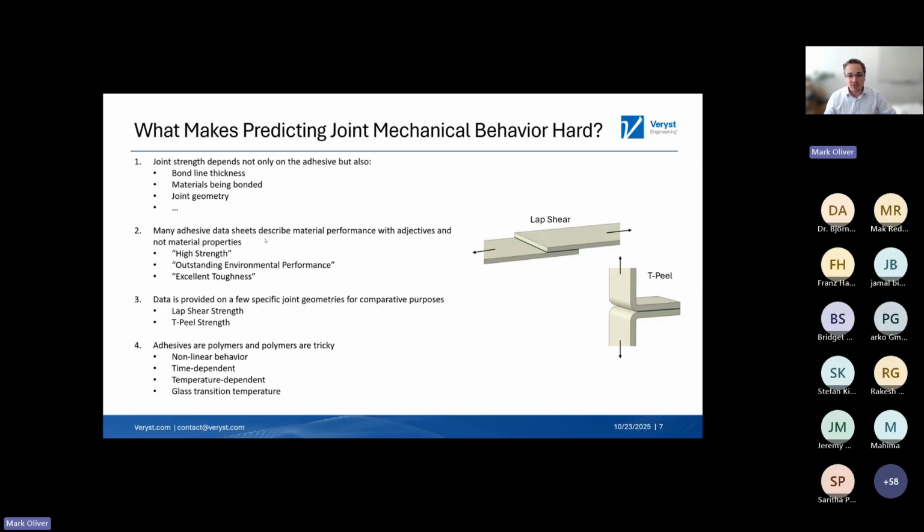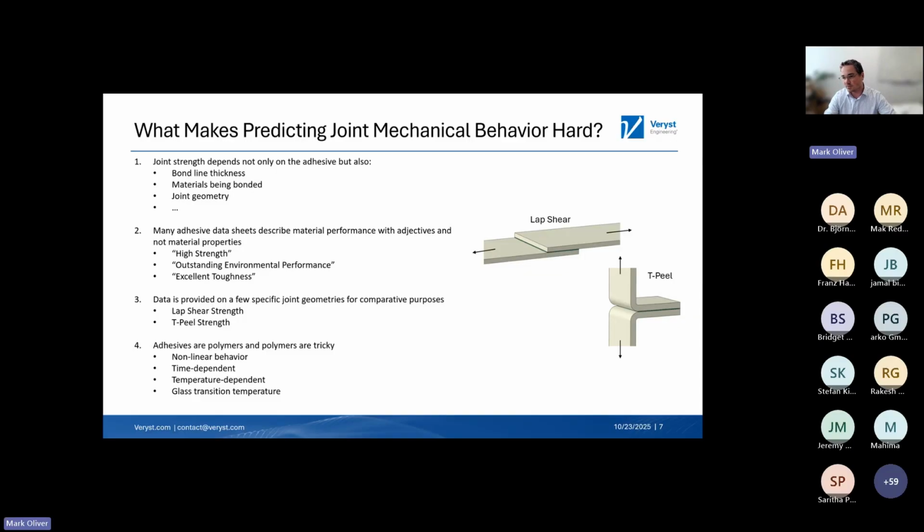For simulation engineers, one of the common things you'll encounter is that if you look at a data sheet for an adhesive that you're trying to design with or do some analysis on, a lot of the data sheets don't provide a lot of technical data that you can use as FEA input. You'll often see things like high strength, outstanding environmental performance, excellent toughness, which as an engineer are not terribly helpful.